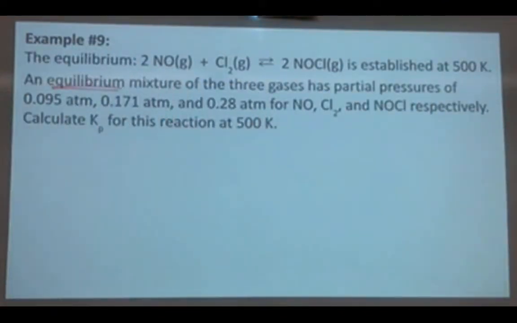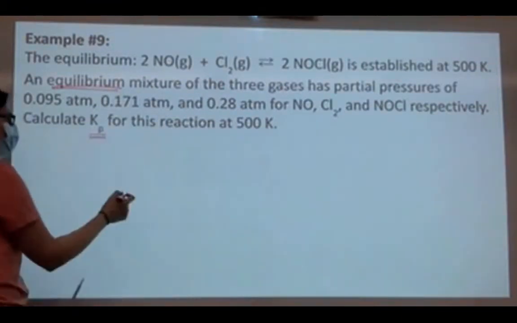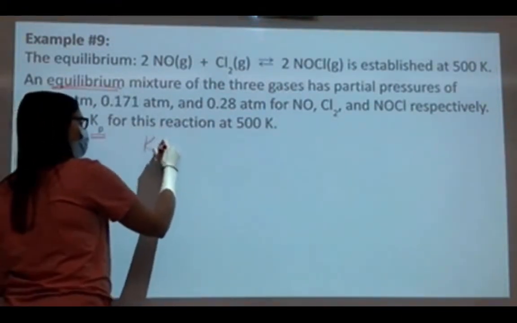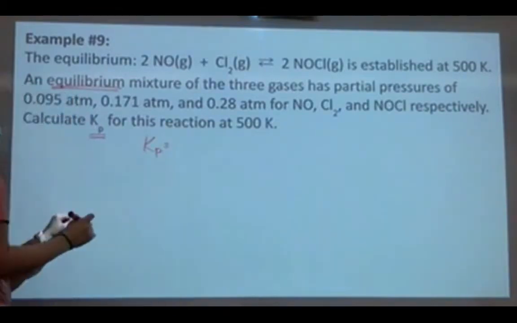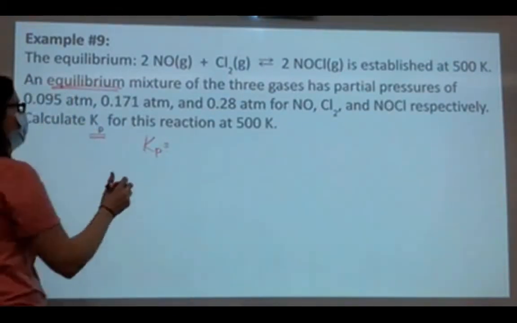So an equilibrium mixture of the 3 gases has partial pressures, 0.095, 0.171, and 0.28 for NO, Cl2, and NOCl respectively. So here's NO, here's Cl2, here's NOCl. Calculate Kp. Okay, Kp. Start by writing the expression without any numbers first.